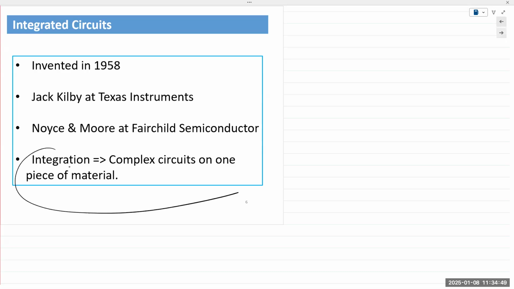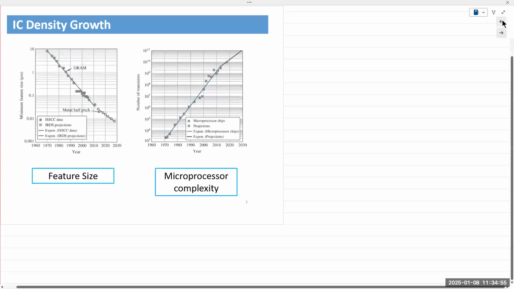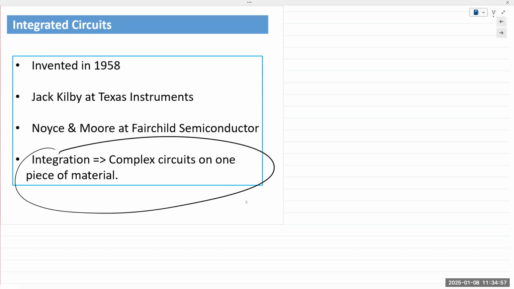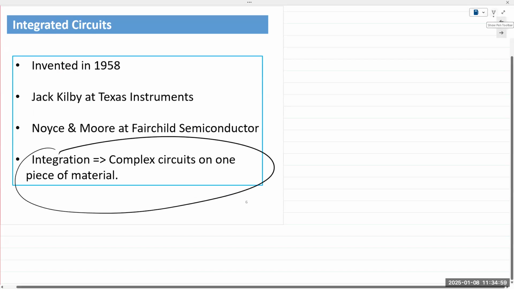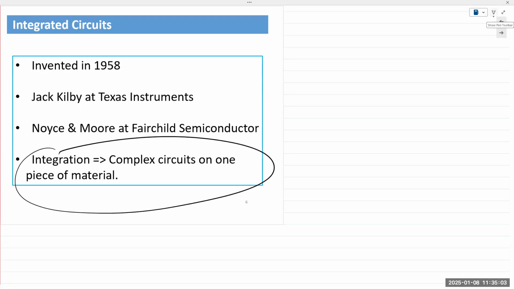So, integration. Why is it called an integrated circuit? We have PCBs with discrete components. I'm assuming everyone has worked with a PCB, maybe on a high school project or a college project, perhaps designing and creating your own. But what is a PCB?